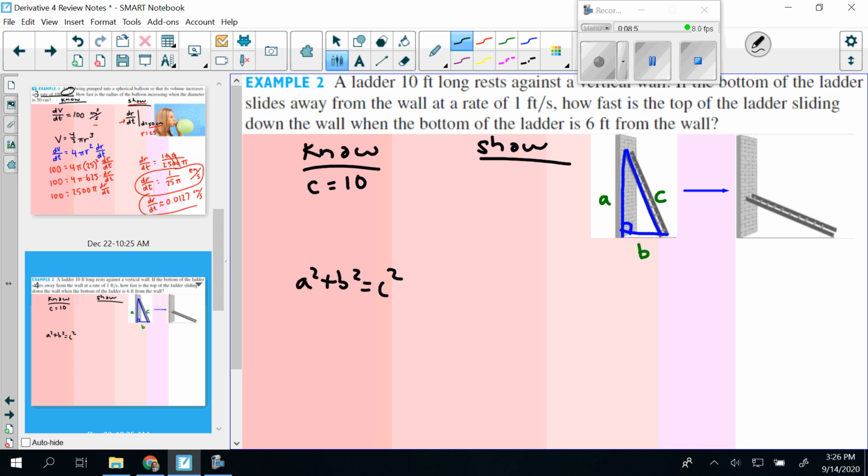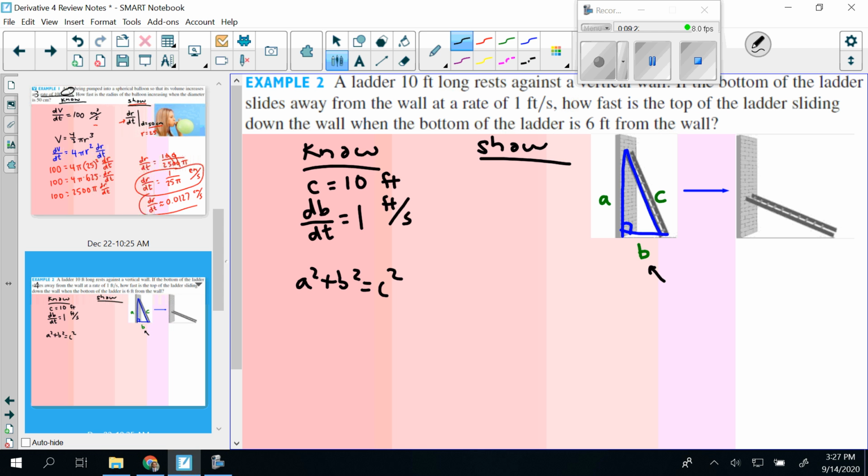The bottom of the ladder slides away from the wall 1 foot per second. That's a rate. So what we got to look at is what's the bottom of the ladder. Here we're using b. So since that's b, that would be the change in b over time equals 1 foot per second here. And I'm going to put my units on that too. All right, here's our question.